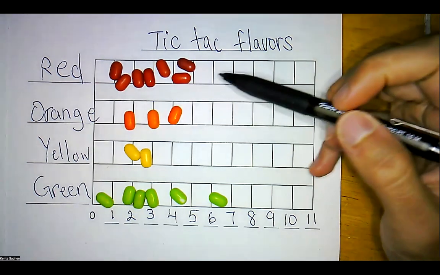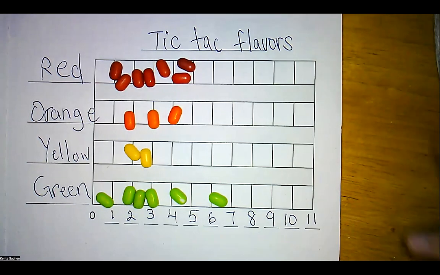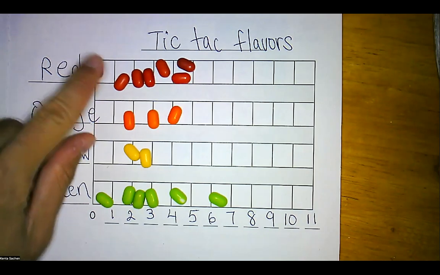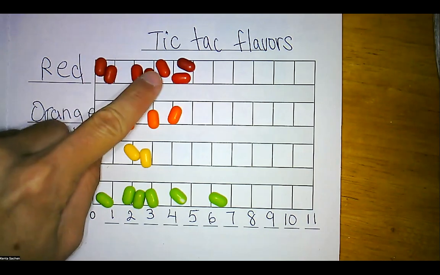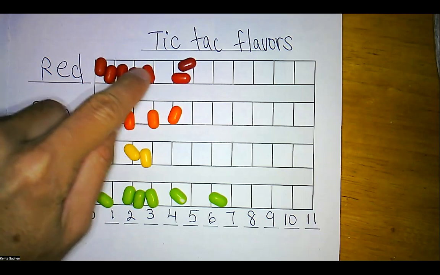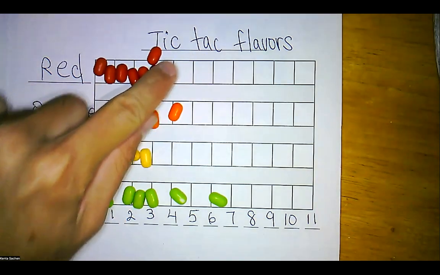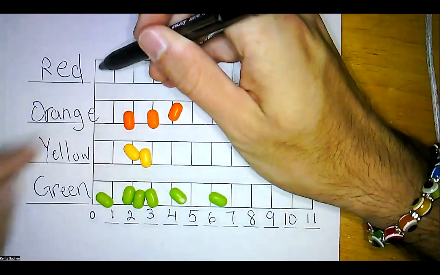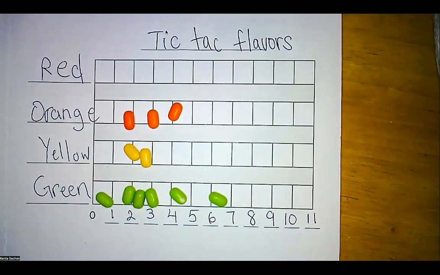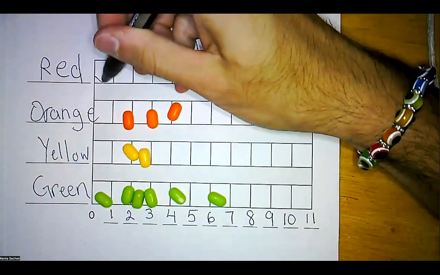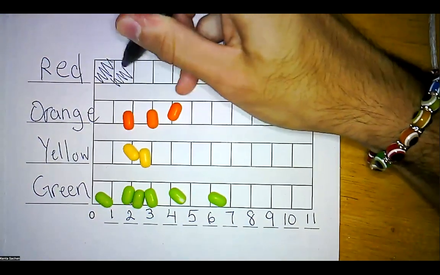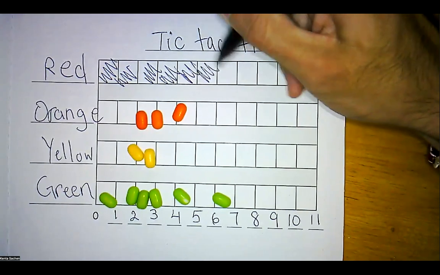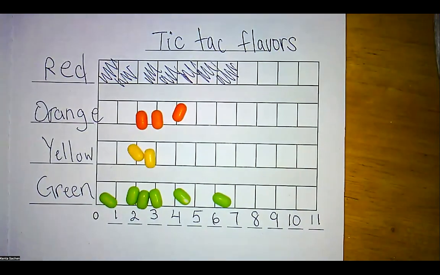Now, one by one, let's start coloring in these boxes. So for red, it looks like we have 1, 2, 3, 4, 5, 6, 7. So I'm going to color in 7 of my boxes. Now, I don't want this to turn into a coloring class, so let's just do these a little bit quickly, okay? 1, 2, 3, 4, 5, 6, 7.